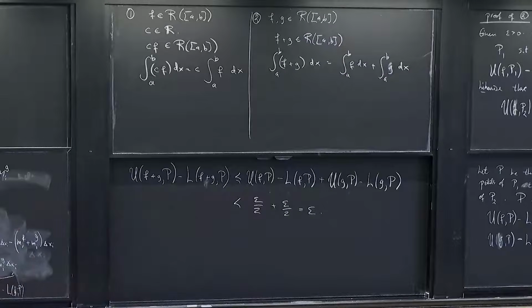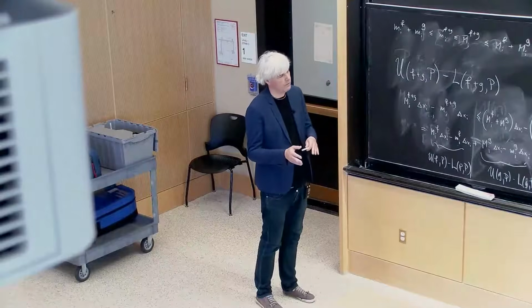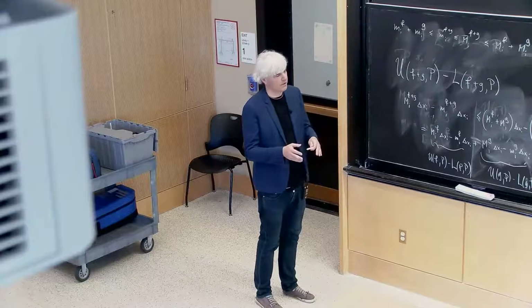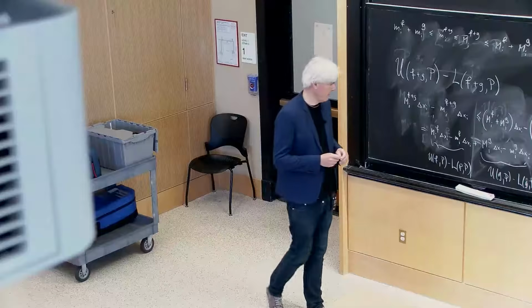And so there's two things you have to be careful with. For one function, you get one partition. For the other function, you get another partition. So you're looking at the subpartition that has all of the dividing points of both of them.